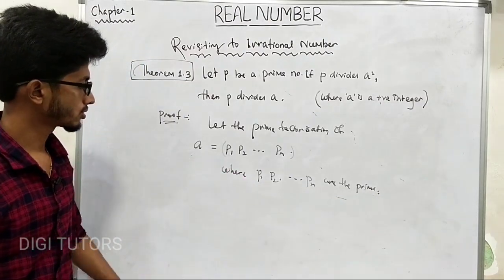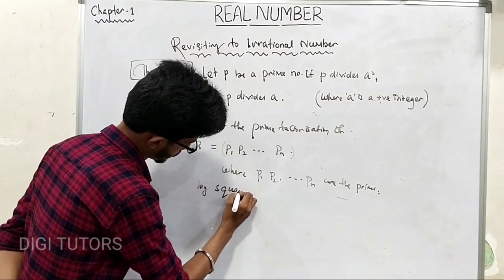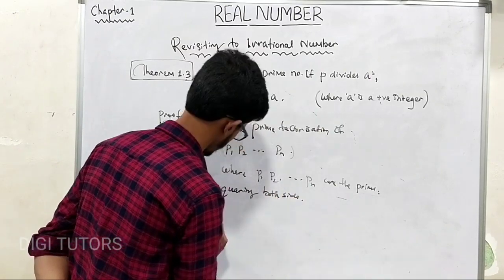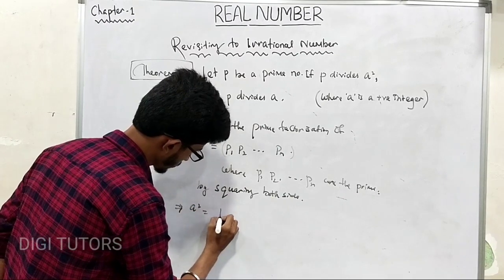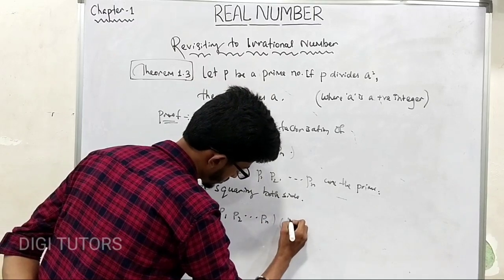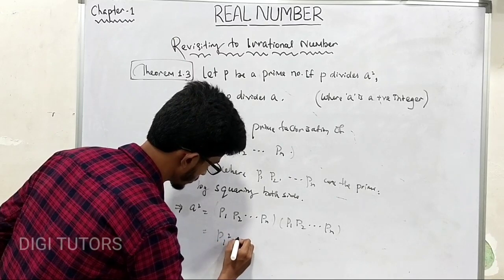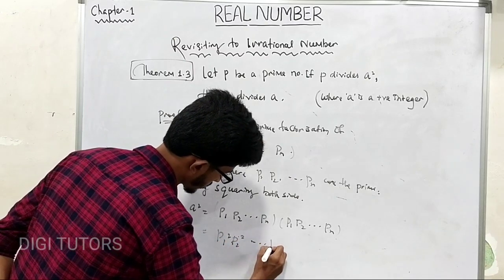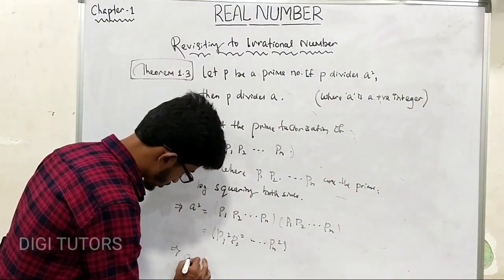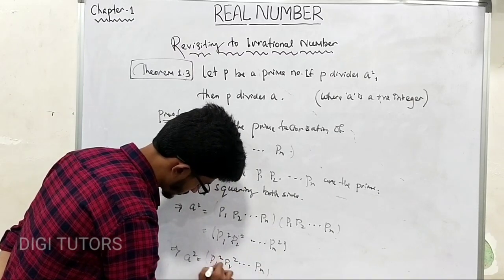Next, by squaring both sides, a square equals p1 p2 pn into p1 p2 up to pn, which means p1 square p2 square up to pn square. Now a square equals p1 square p2 square up to pn square.